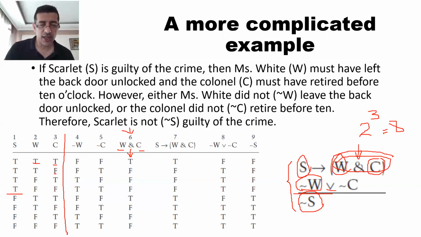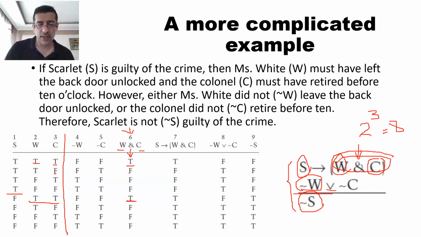Now look for rows where you have T for both of them. And then here we have T for both of them. So W and C should be true. Let's check. Yes, it is true. What about the rest of them? TF, it should be false. FT, it should be false. FF, it should be false. So here we have two true values.